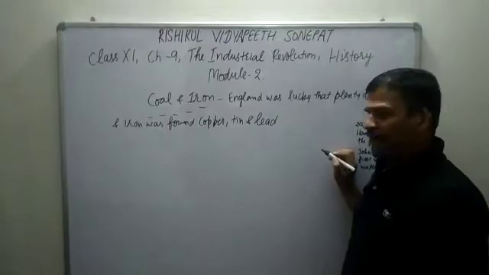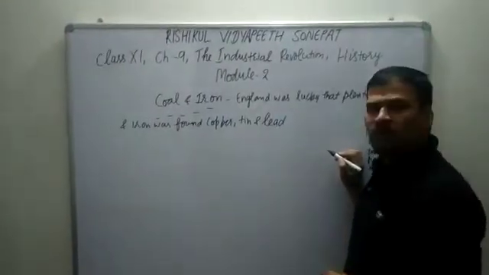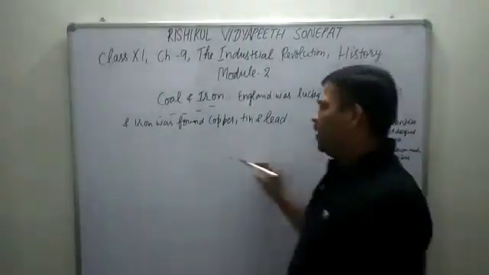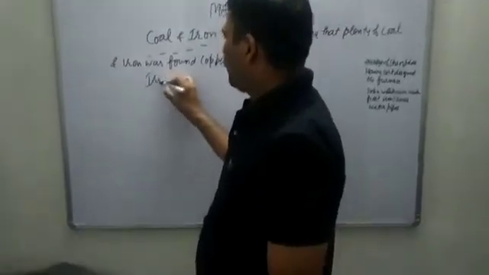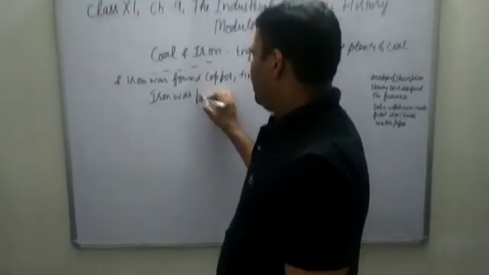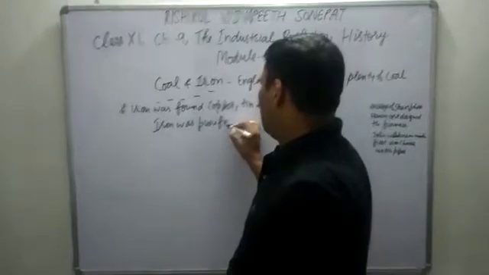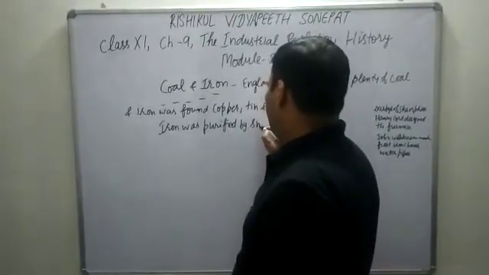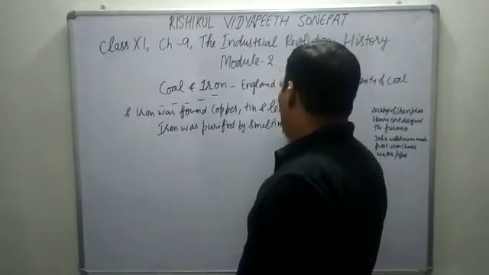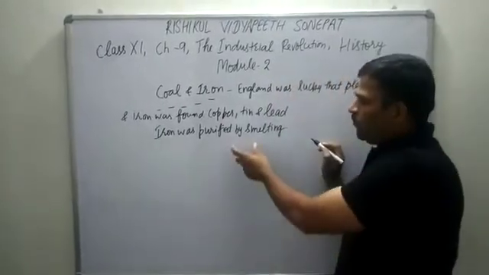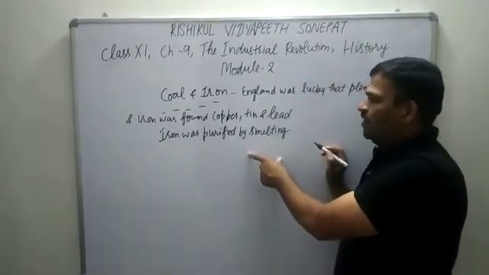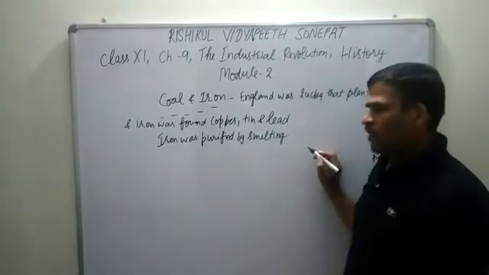At that time no such facilities were available, and iron was purified by smelting. It was found in the form of iron ore, then it had to be smelted with the help of charcoal.